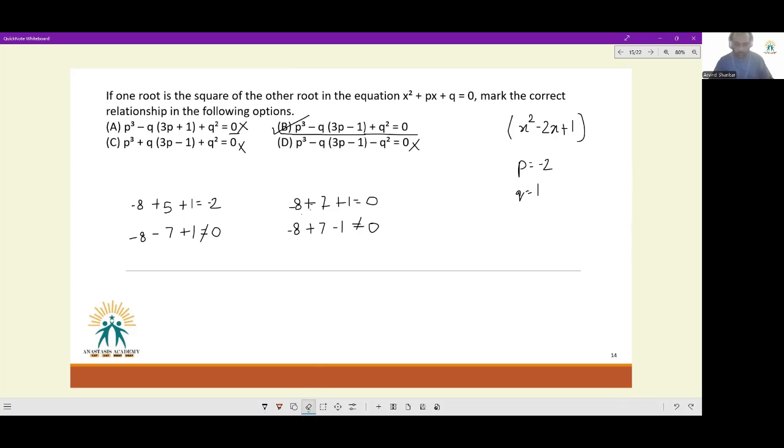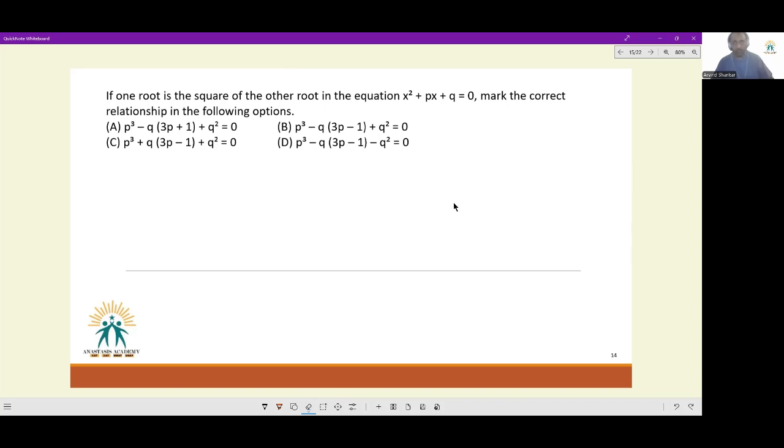Now, if you were trying to solve it in a more technical fashion, let the roots be A and A square. So P is equal to -(A plus A square), the negative of the sum of roots, and Q is equal to A cube, the product of roots.